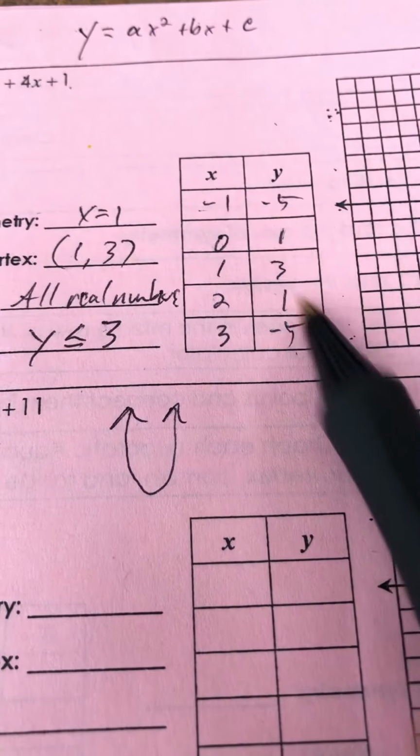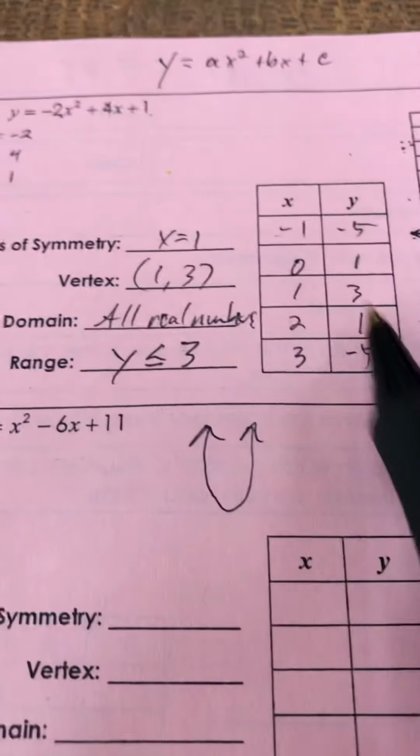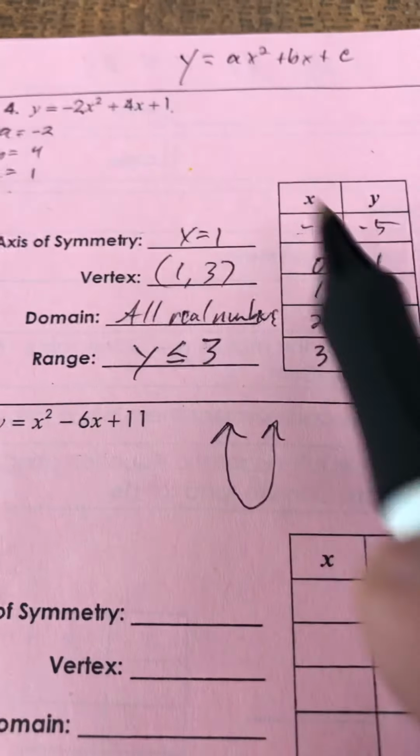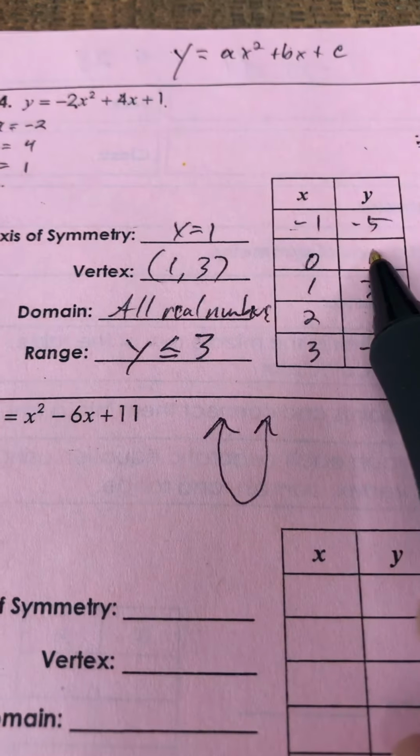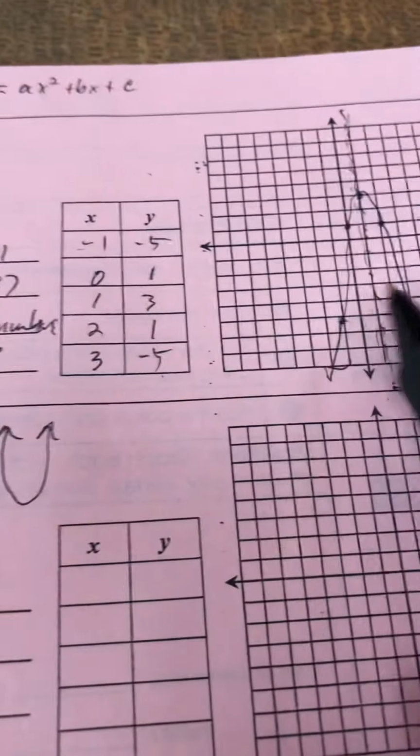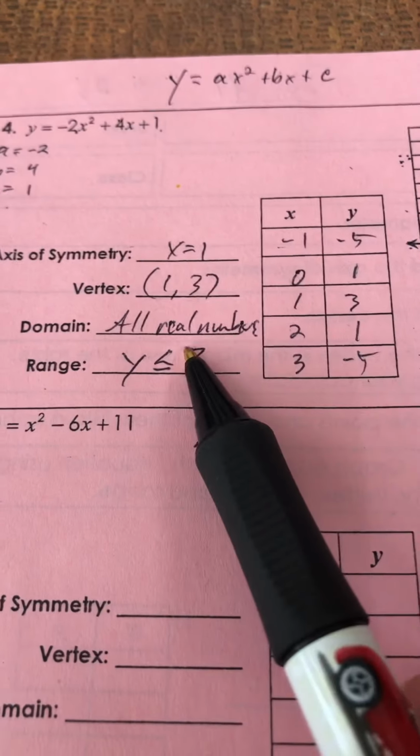But, you can plug these into your graphing calculator and you'll get the y values. When you plug in, you'll look for the vertex 1, 3, and then the 2 before and the 2 after. You can get those other points to plot. Domain, always all real numbers.